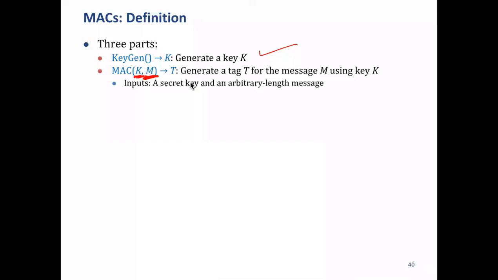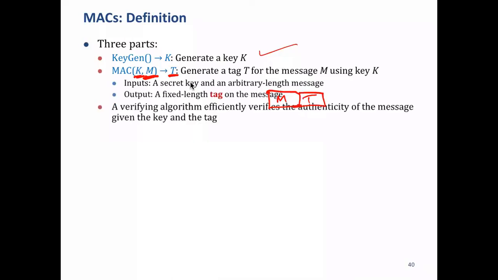Use the key and generate a tag, attach this tag to the message and send it to Bob. So what will Alice send? Message M and the tag that she has generated.